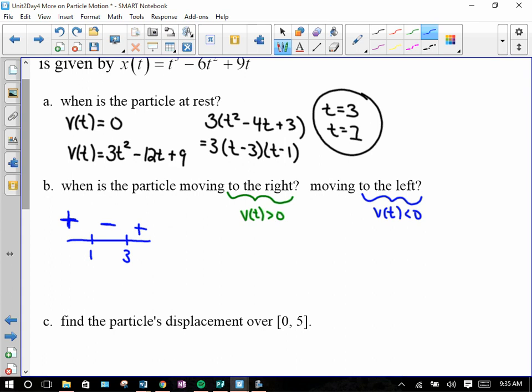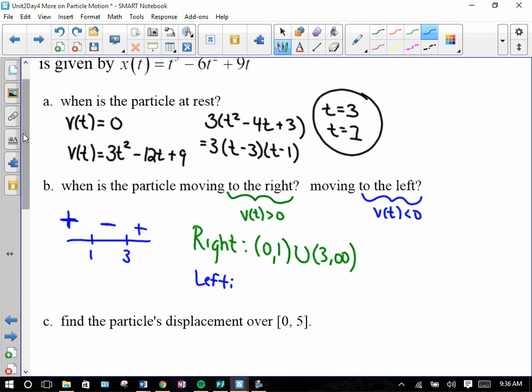So when is our velocity greater than 0? When is our velocity positive? From 0 to 1, so it's moving to the right from 0 to 1, and from 3 to infinity.